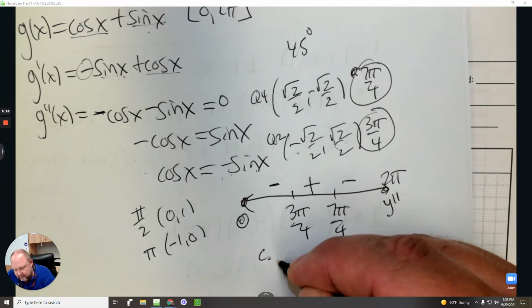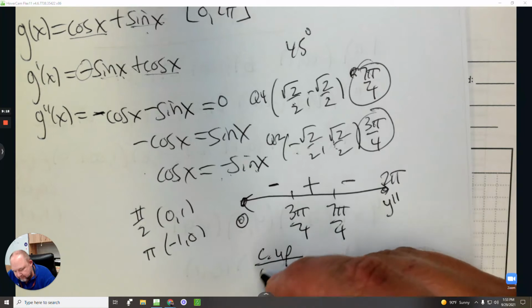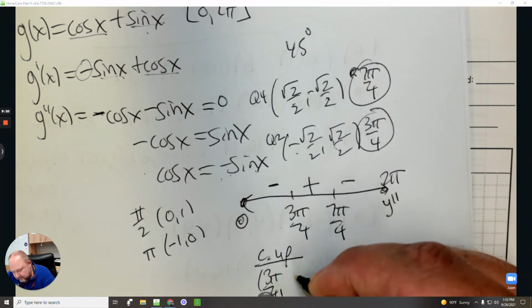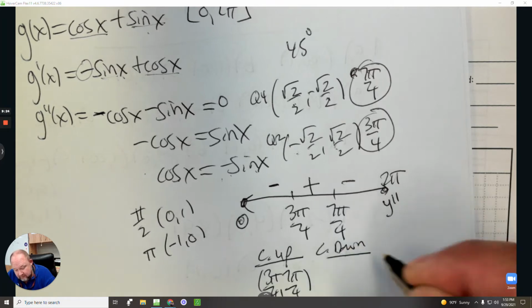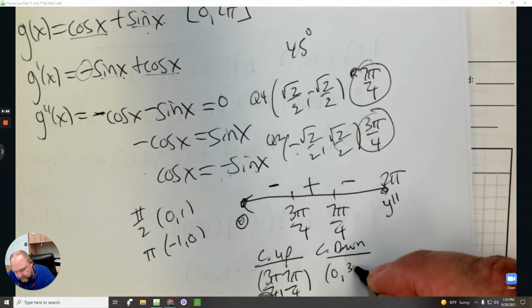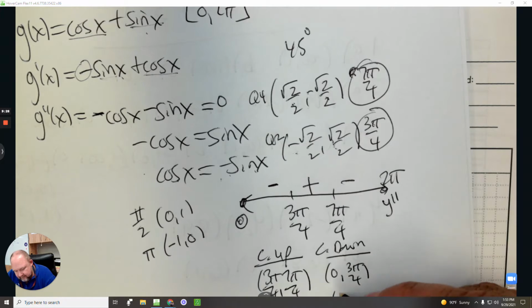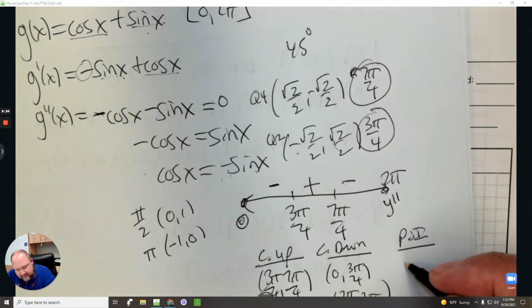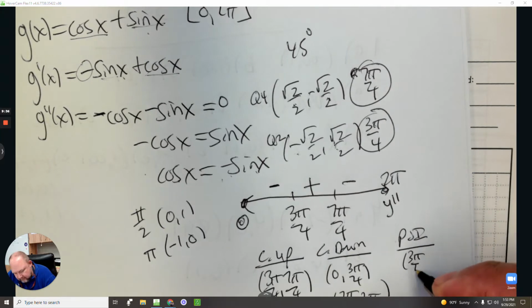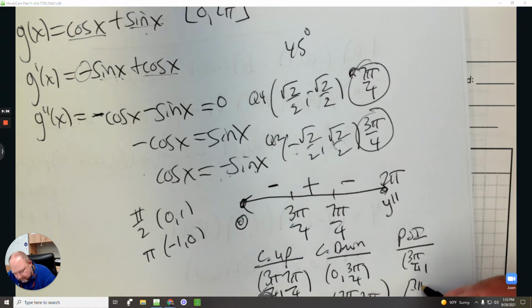And so it's concave up from 3 pi over 4 to 7 pi over 4. It's concave down from 0 to 3 pi over 4 and 7 pi over 4 to 2 pi. And the point of inflection is at 3 pi over 4 and 7 pi over 4.